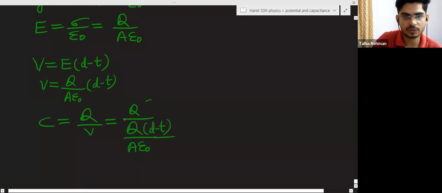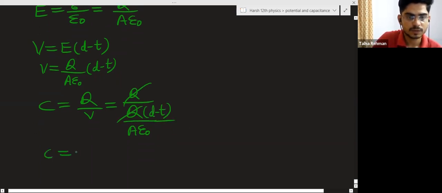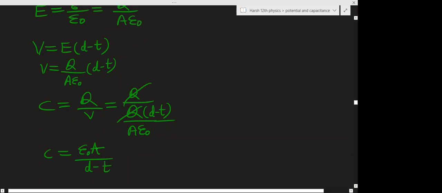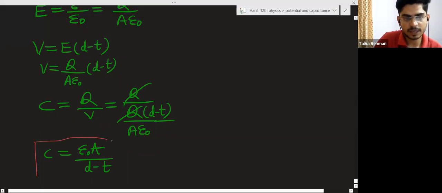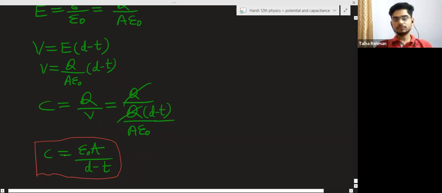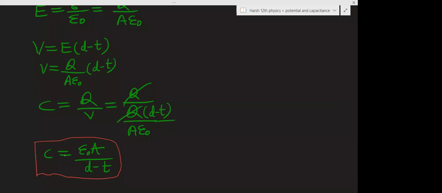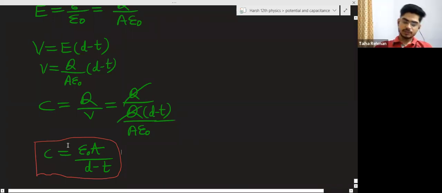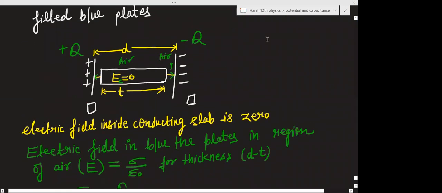Q cancels out, so C will become epsilon naught A divided by d minus t. So this is the final capacitance when a conducting slab of thickness t is placed in between the plates of a parallel plate capacitor. Please note it down.